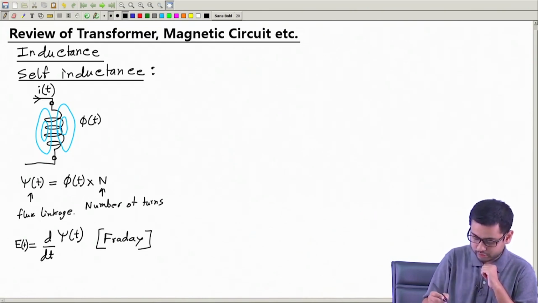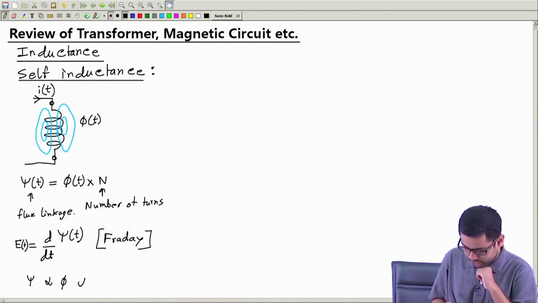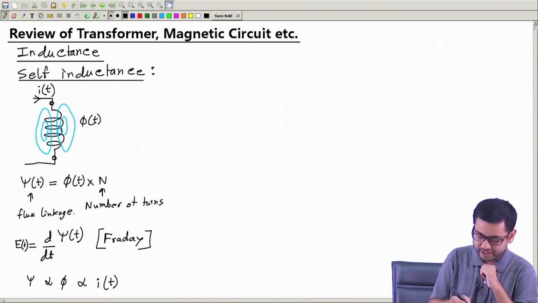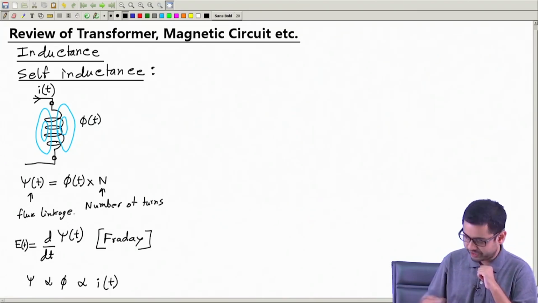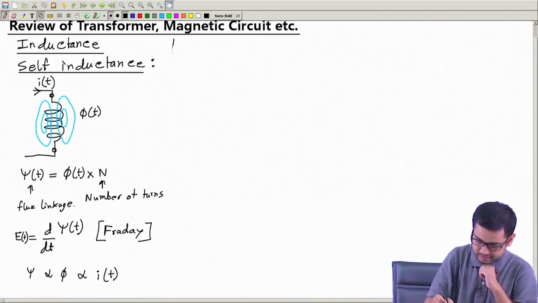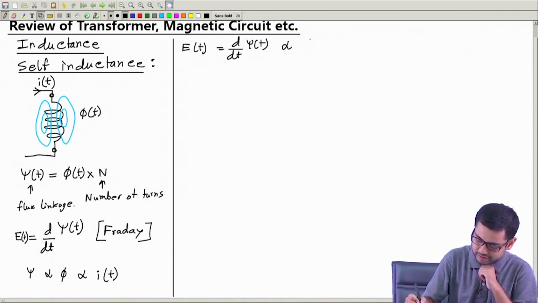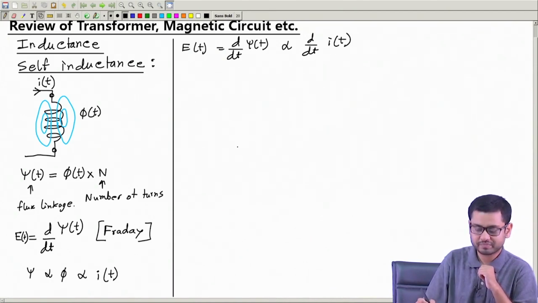And now we know that psi is proportional to phi because psi is phi times N, and phi is again proportional to the current i(t). The more the current, the more the flux. Therefore, e(t), which is equal to d/dt of psi(t), will be proportional to d/dt of i(t), because psi is proportional to i.